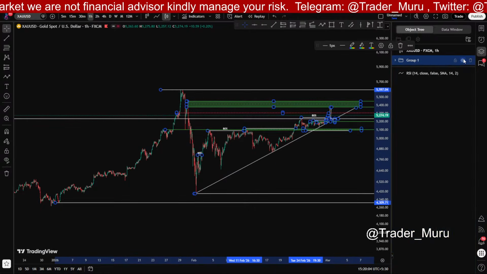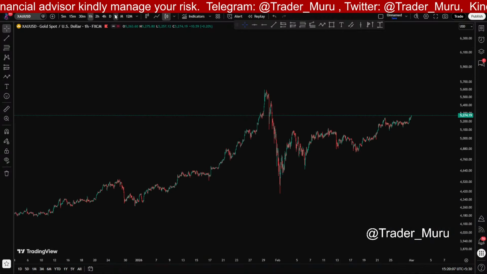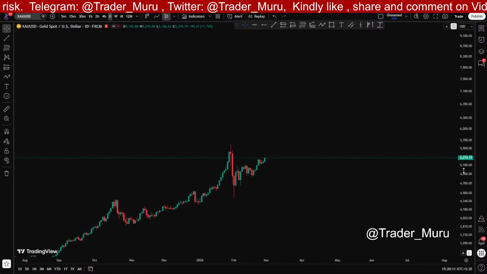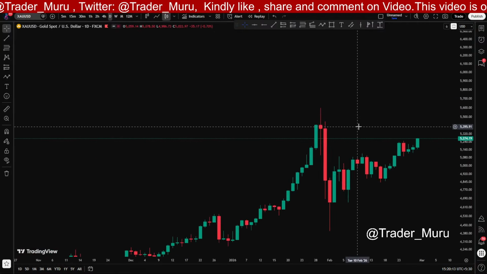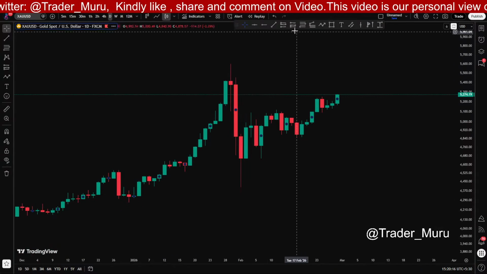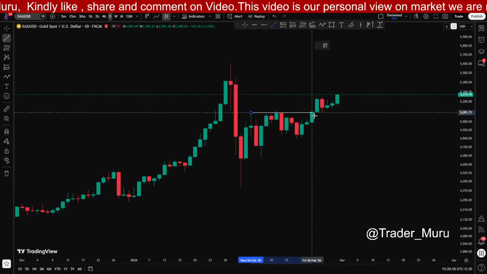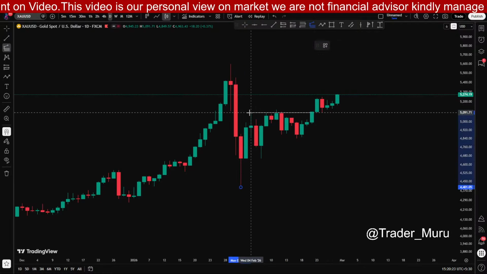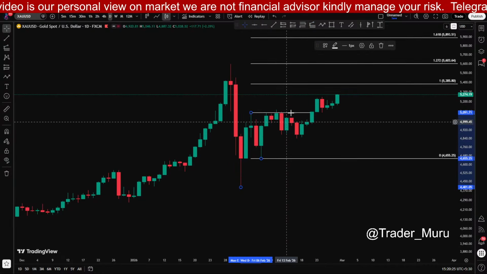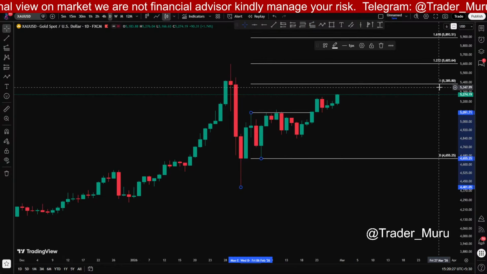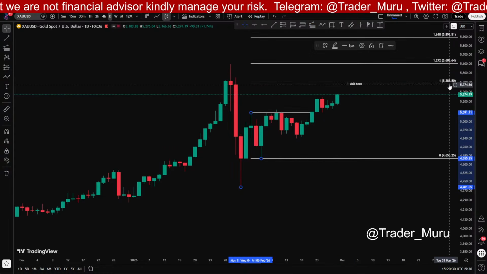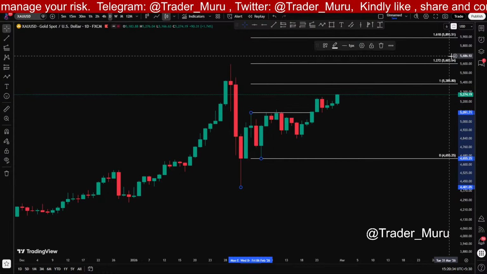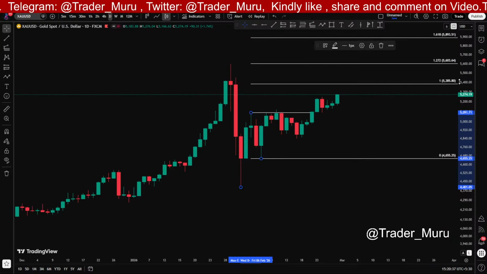If I hide this all and show you my real plan, then this is my real plan, that this drop is the single wave and price is creating a 3-wave pattern in correction, which is this A, this is B, and this will be your C, which is targeting near about 5385. And if this area gets flipped, next target will be 5603.